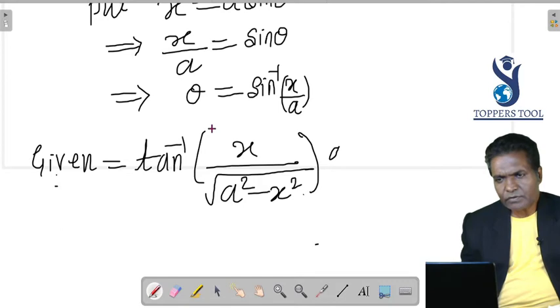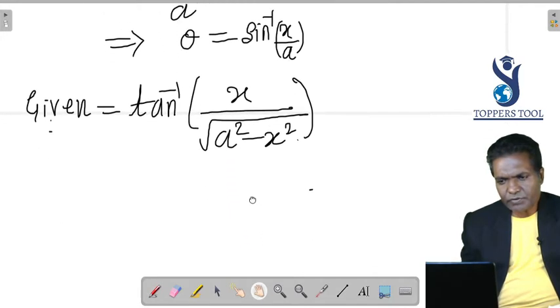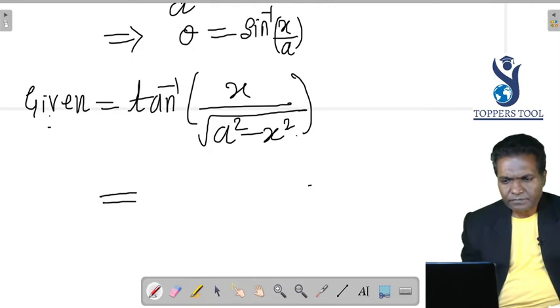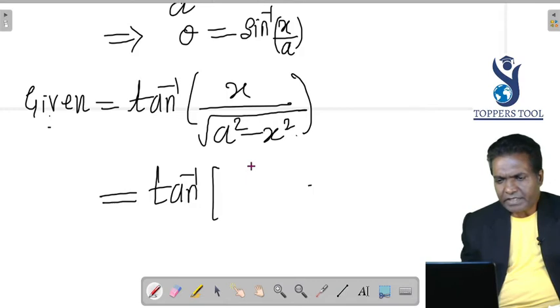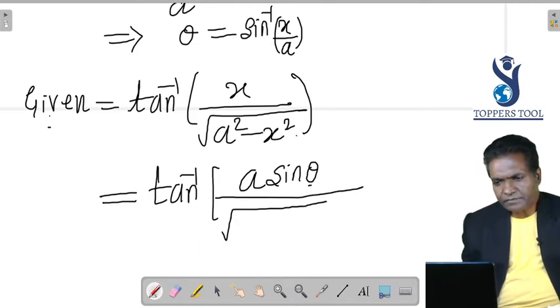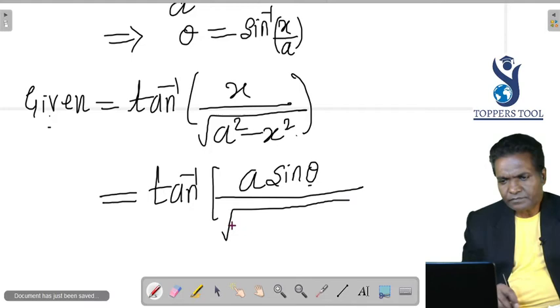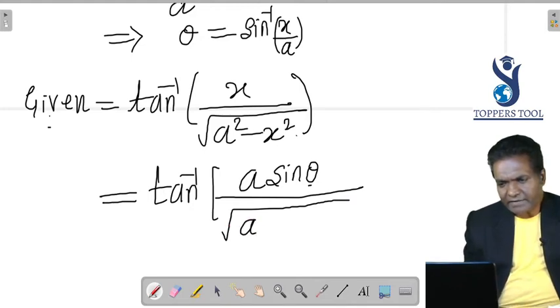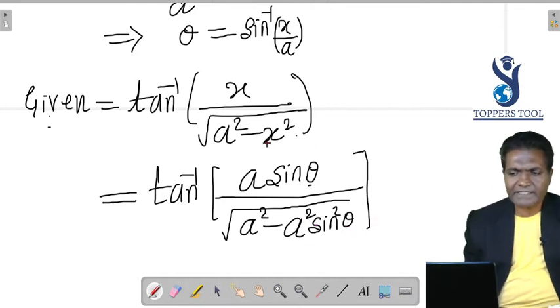Okay, so substitute: this is tan inverse of x, meaning a sine theta, divided by square root of a square as it is, minus x square, meaning a square sine square theta. Okay, because x you have replaced as a sine theta and its square means a square sine square theta.